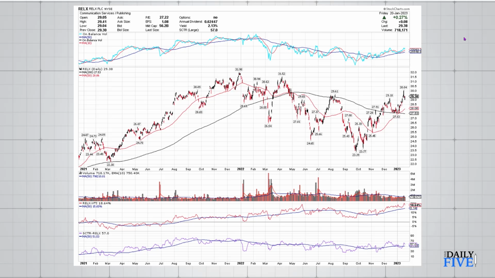Now what we'd like to see is a really modest and dull reaction with little downside movement and a pause, which we would call a backup. And if it can stay above the 200-day and just get dull and quiet, I think that would be a really good sign that there's accumulation taking place here.